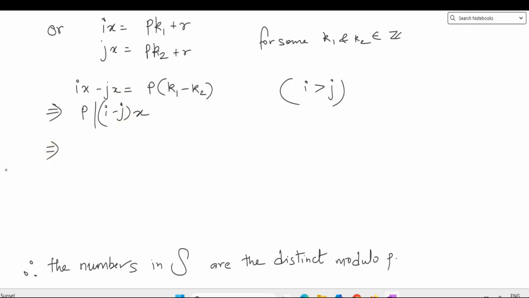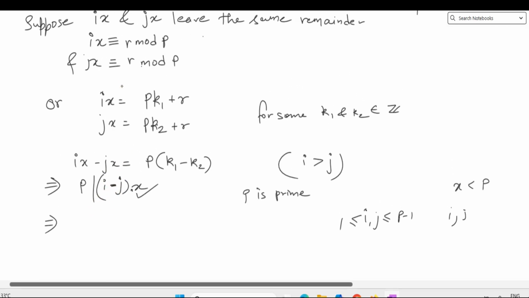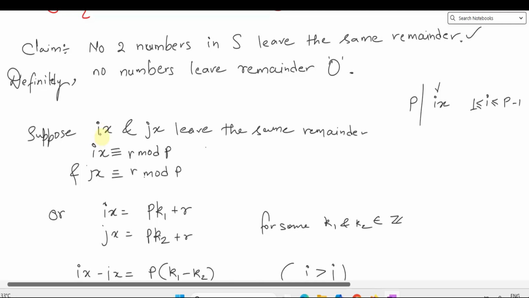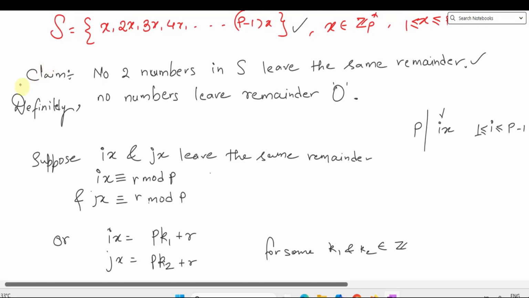Again the same argument: if p is dividing this product, one of them has to be a multiple of p because p is prime, which is not true. Because x is not a multiple of p, since x is definitely less than p, and also i and j both are less than p, so their subtraction will also be less than p, so it can't be a multiple of p. So we are getting a contradiction to the assumption that there exist two numbers which leave the same remainder. Hence our claim holds: no two numbers in S leave the same remainder.